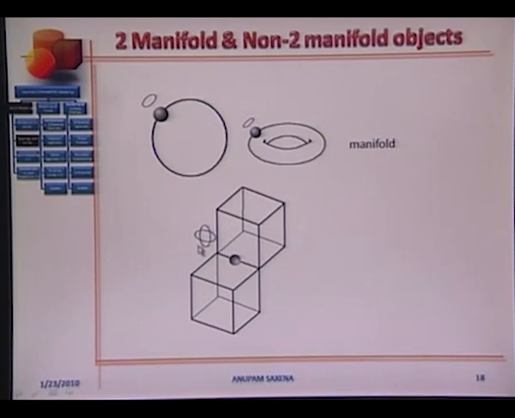So this vertical disk here is the result of an intersection between the ball and this vertical plane, and the horizontal disk here is the result of intersection of the ball and this horizontal plane.